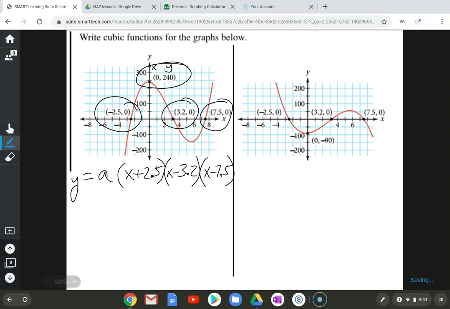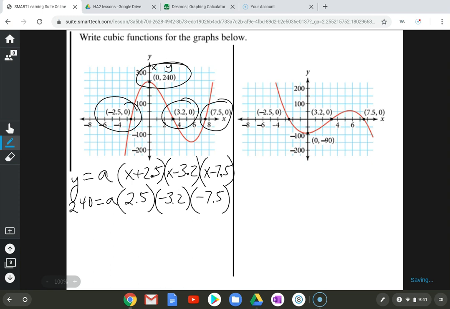That means that when x is 0, y is 240. So if we replace our y with 240 and replace all of our x's with zeros, we get 0 plus 2.5, 0 minus 3.2, and 0 minus 7.5.